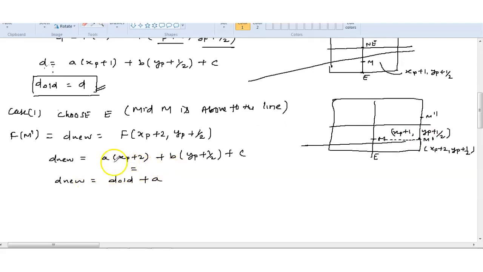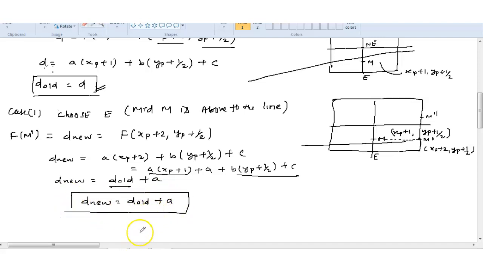If you are not able to understand, I will explain it step by step. A into xp plus 1 plus a, because xp plus 2 we can write as xp plus 1 plus a, plus b into yp plus half plus c. This whole term is d old only, and we got the extra term a. So d new is equal to d old plus a.